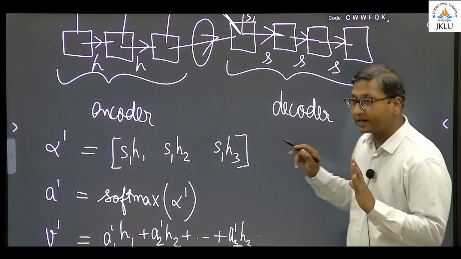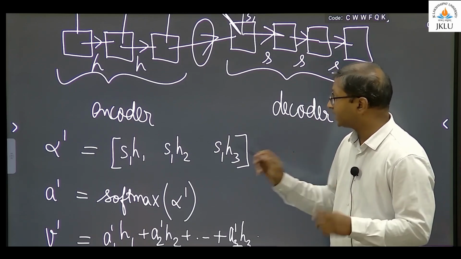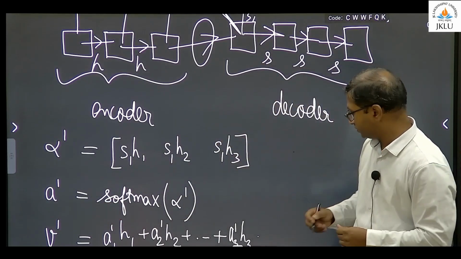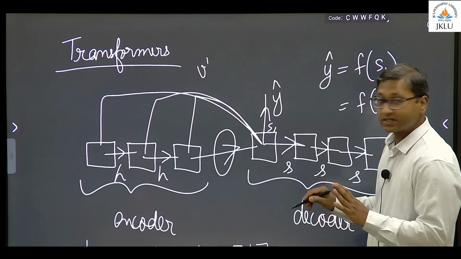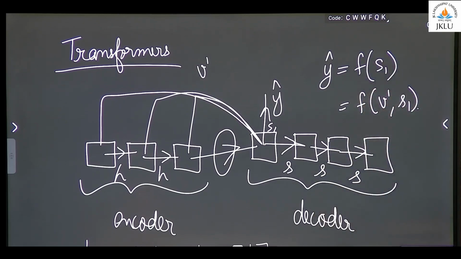So how many different kinds of vectors are we dealing with? 3, H, S and V, okay. Now, so this is just the recap of attention. Tell me, does bringing attention change my number of parameters in the model?